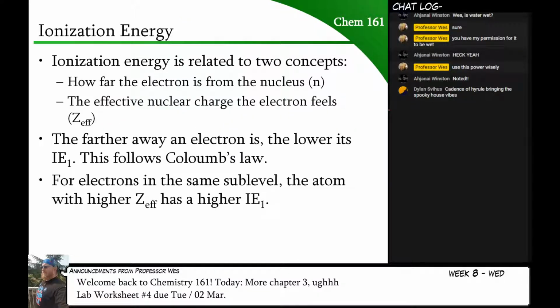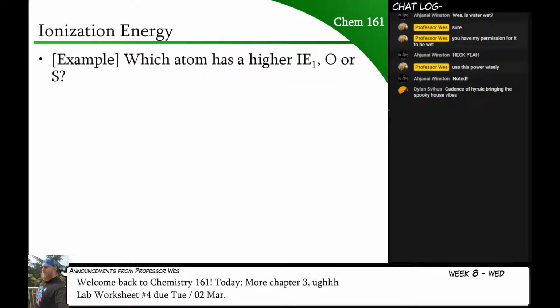All right, so let's do the examples here. We didn't really do the examples, I just sort of talked about it and then we ran out of time. So I want you to use quantum mechanics to explain which atom has the higher ionization energy. Which atom is it harder to remove an electron from, oxygen or sulfur? Do this thing again like we were doing yesterday.